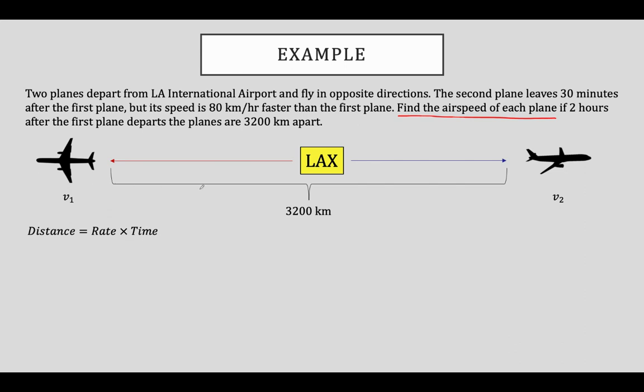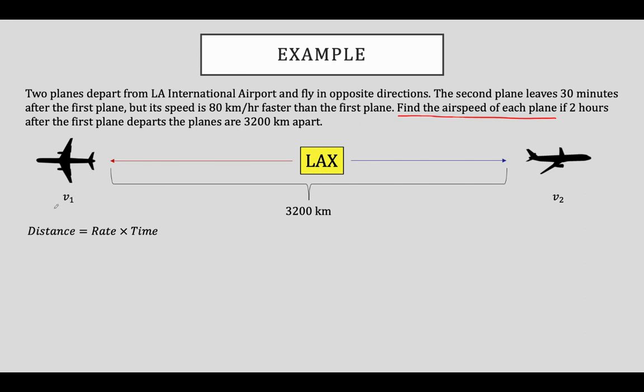And in this case, we know that the total distance between airplanes has to be 3,200 kilometers. That's the distance that plane 1 has traveled to the left plus the distance that plane 2 has traveled to the right.